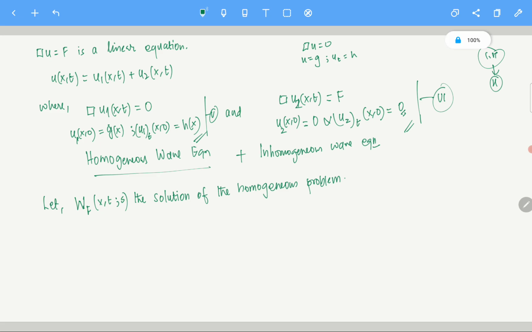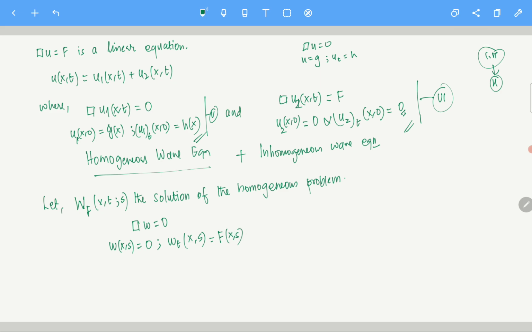So we wrote, let W^F, capital F, of x, t, s, be the solution of the homogeneous problem. Which homogeneous problem? The D'Alembertian of W is 0, and W at t equals s, that level, is 0, and the derivative of W with respect to the time variable t at t equals s is given by capital F of x, s.